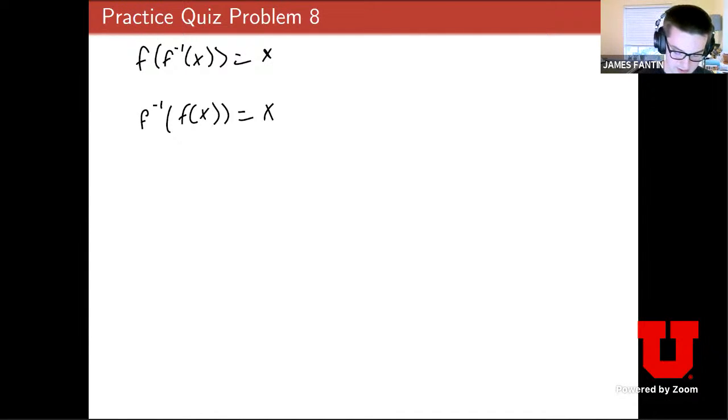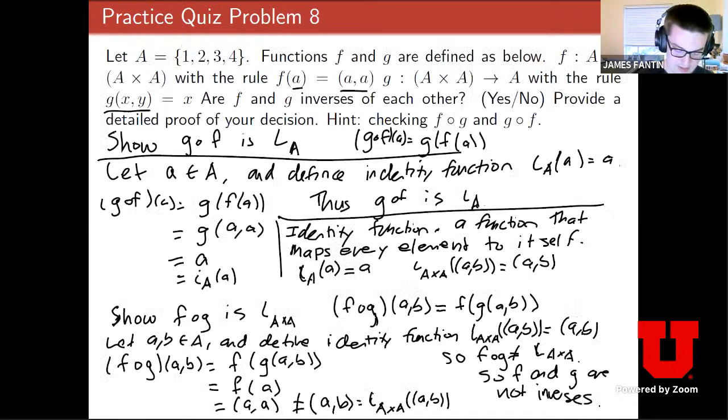Any other questions on this problem or inverses? Awesome, I don't see any. Did anyone else have any other practice quiz problems that they wanted to see?